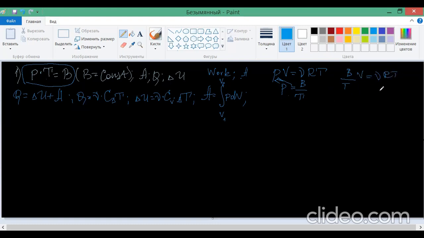If we express V from this equation, we get V equals nu times R times T squared over B, correct?